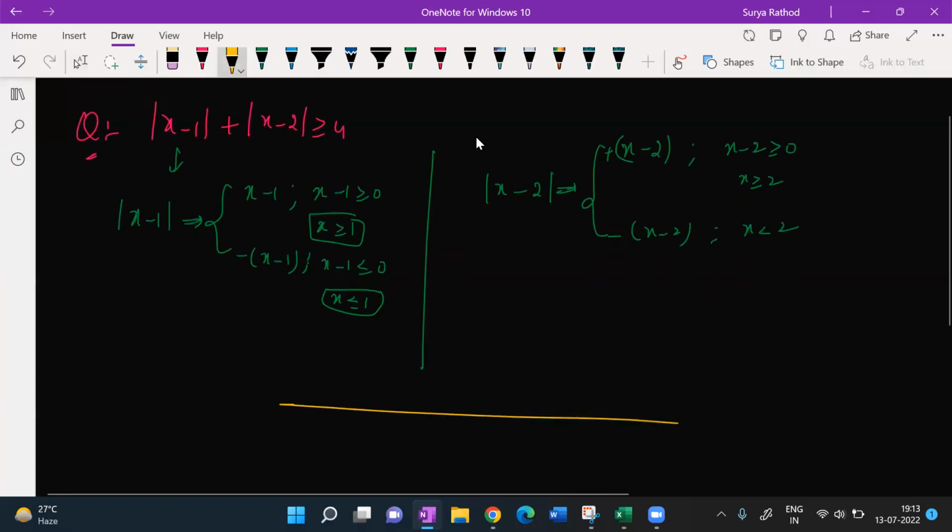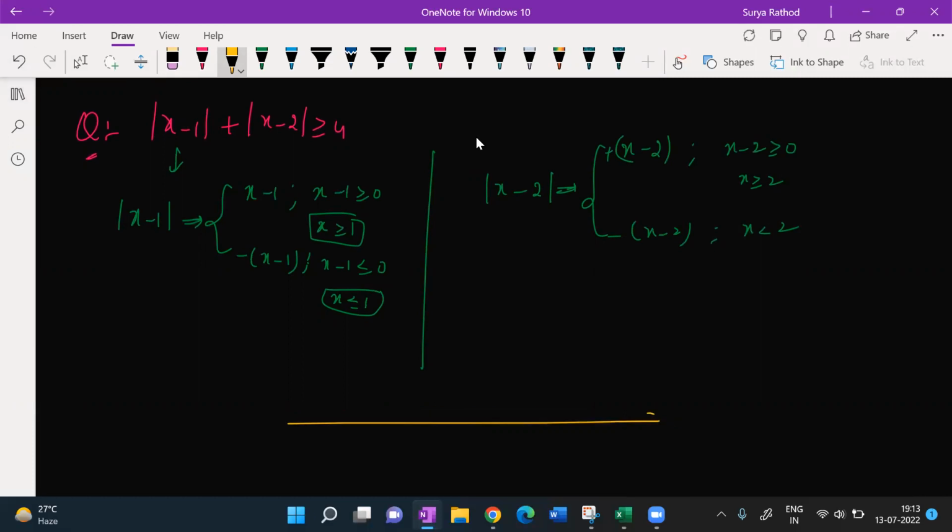Just draw a number line like this, from minus infinity to plus infinity. What are the critical points you got? 1 and 2. First of all, write x less than or equal to 1 here, on the left side of 1. This is x greater than or equal to 1 and x less than 2.